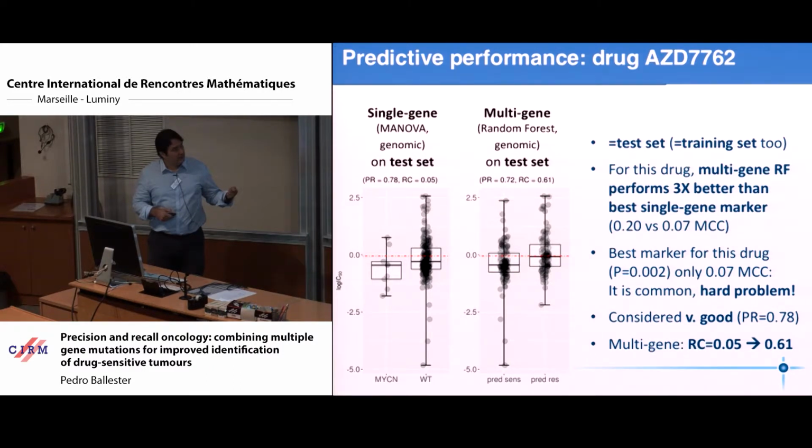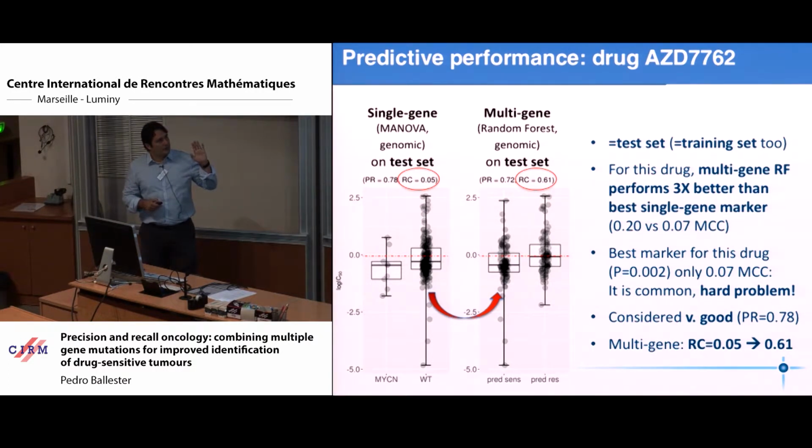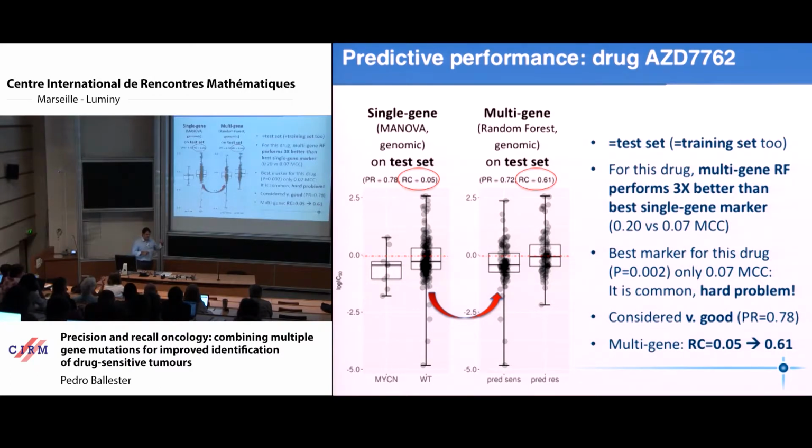The precision is the hit rate, so how much of the actual predictions that we make are actually correct. It's 78%, but the problem is that the recall is quite low. What it means is that there are lots of false negatives in this case, that is, cell lines that are predicted to be resistant but are actually sensitive.